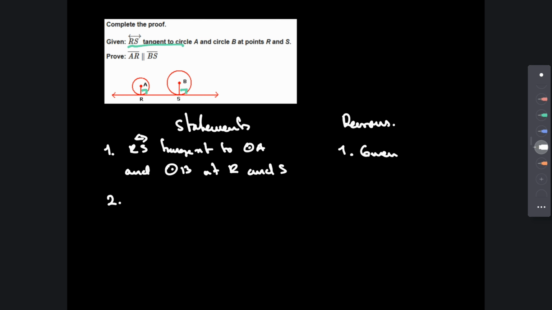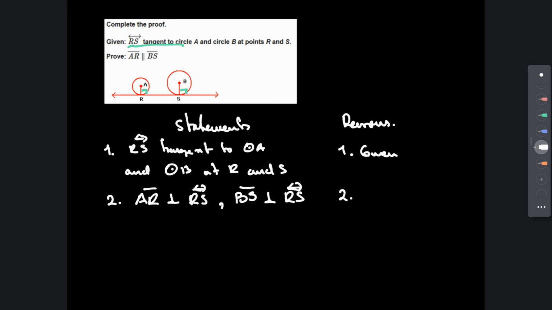Number 2, like I said, we know that the radius, the diameter, is perpendicular to the line. Both are. So segment AR is perpendicular to line RS. Same goes here. Segment BS is perpendicular to line RS. It's the same reason, right?